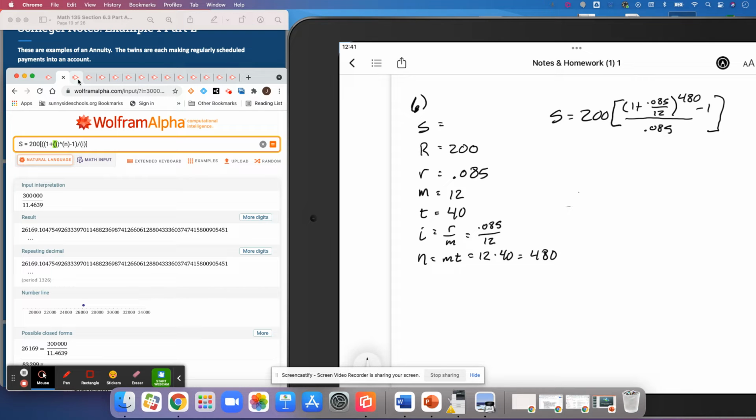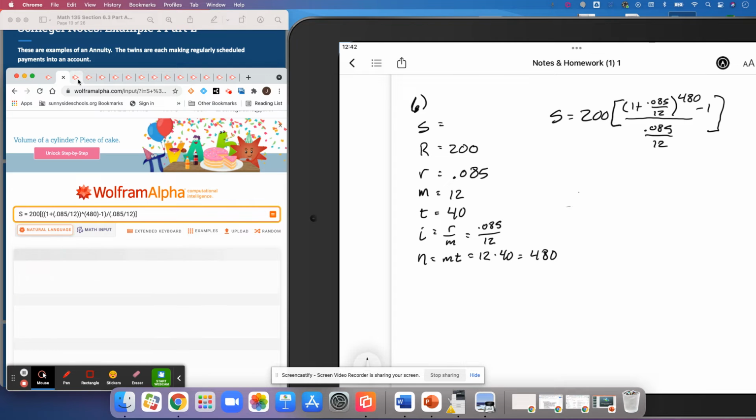I is R over M, so 0.085 divided by 12. N is 480. And I again is 0.085 over 12. And I need to fix that on my formula over there. So there we go. And let's see what we end up with.